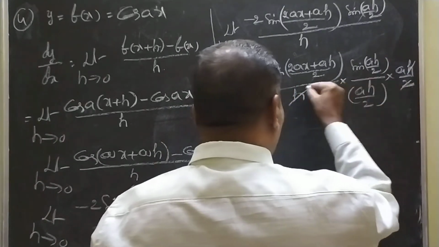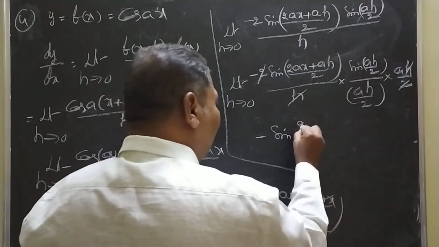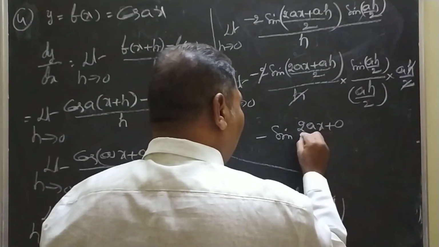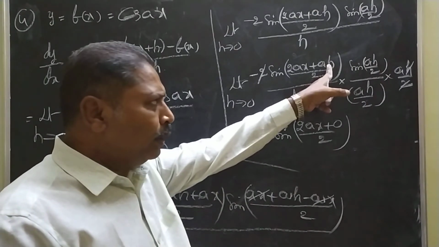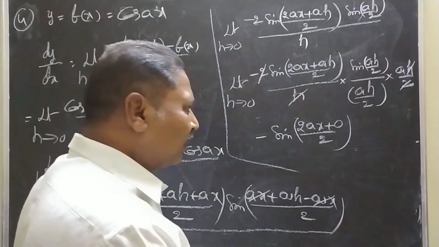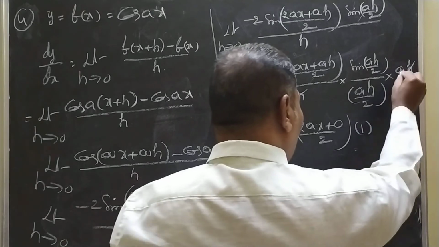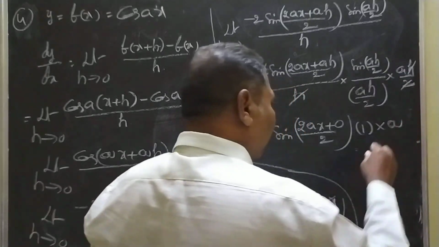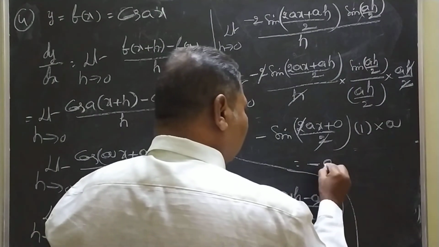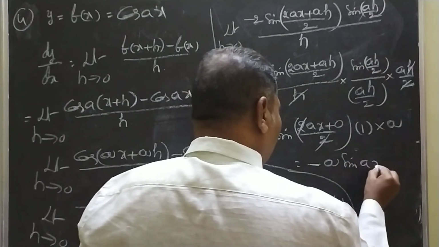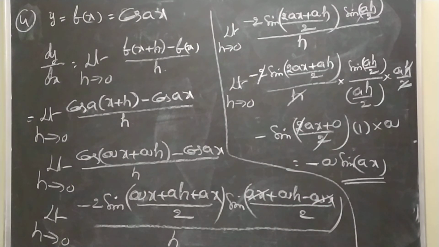H cancels, 2 cancels, so minus sin 2ax. With h tends to 0, 0 into something equals 0. Next, sin theta by theta value 1 into a, the 2s cancel, so finally minus a sin ax.